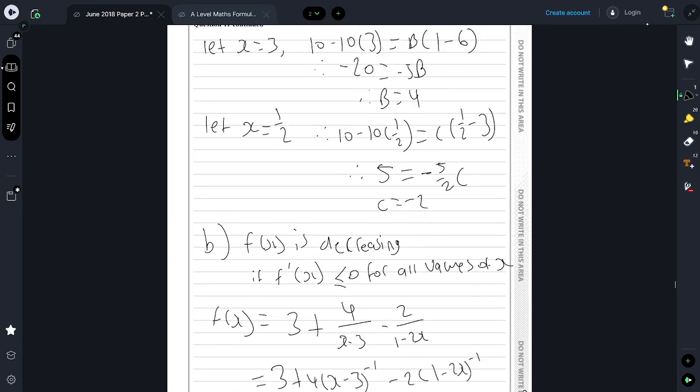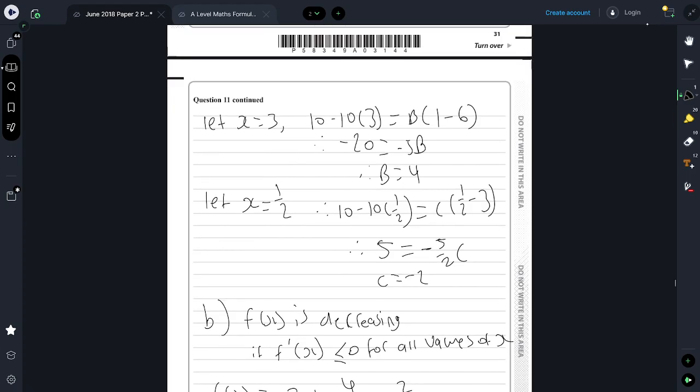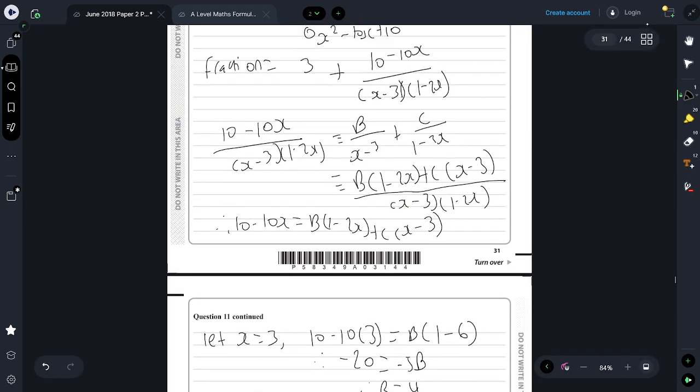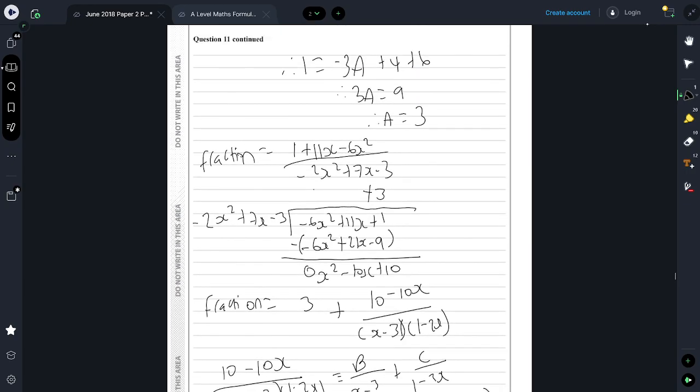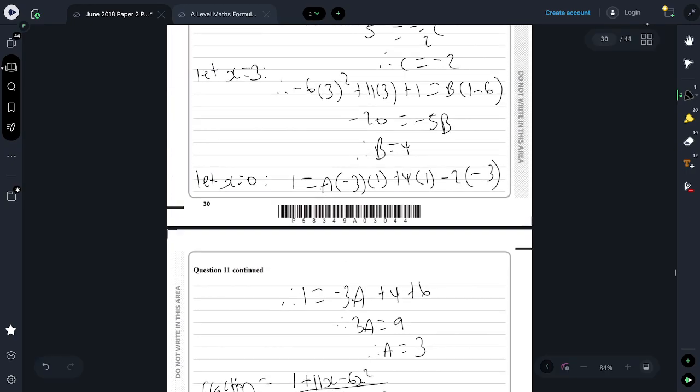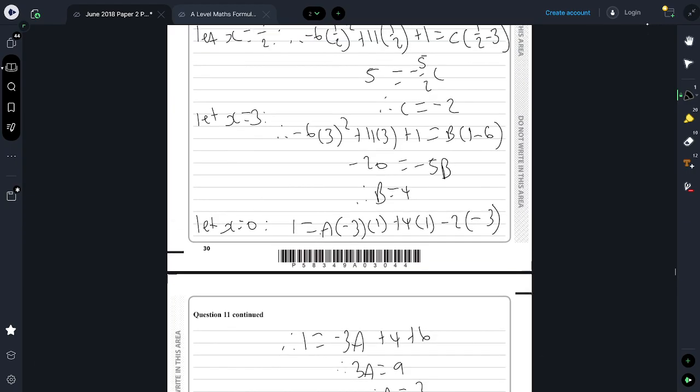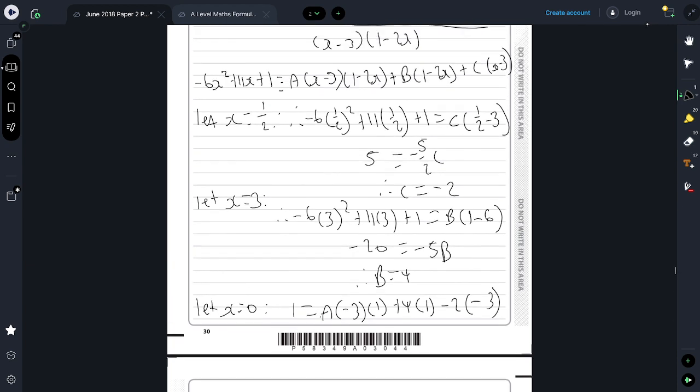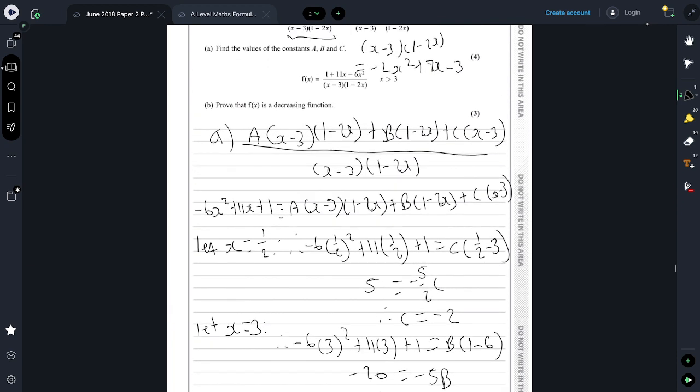I said in part one that there are many ways of showing it's decreasing, but that's probably the most formulaic way. But it's quite a bit of work to show that it's decreasing with the first derivative.